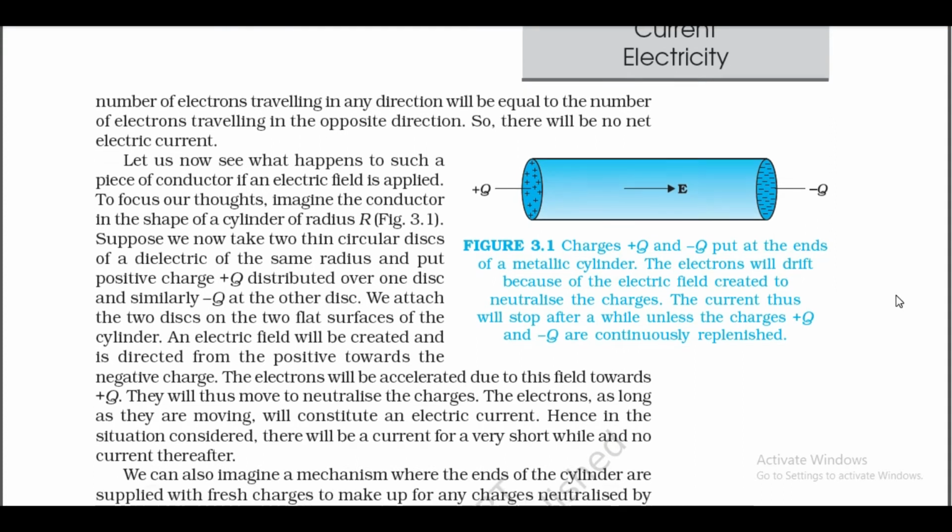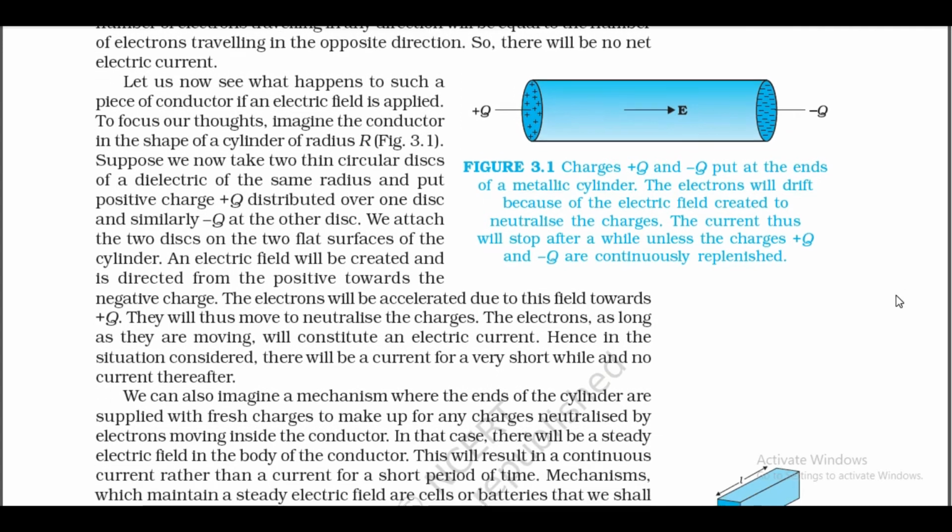The electrons will be accelerated due to this field towards plus Q. They will thus move to neutralize the charges. The electrons, as long as they are moving, will constitute an electric current. Hence, in this situation, there will be a current for a very short while and no current thereafter.